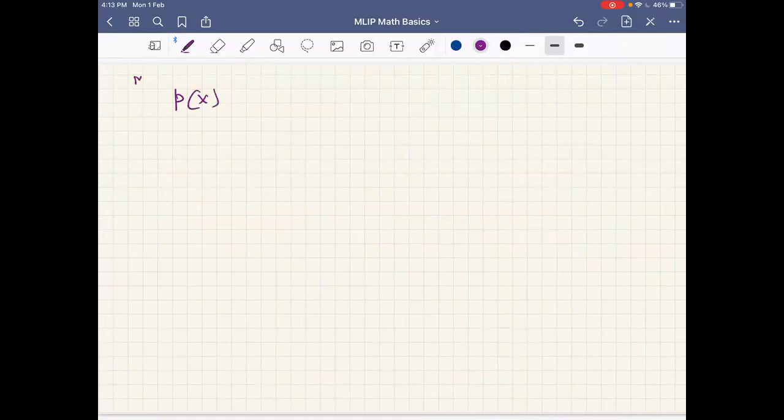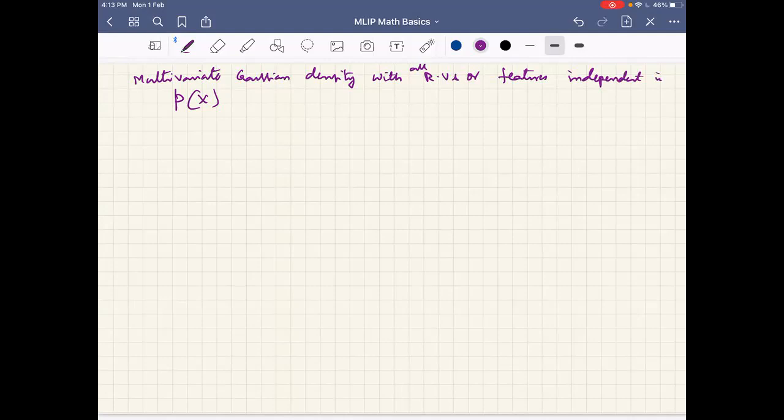The multivariate density with all random variables or features independent is, let me write the simplified version here.